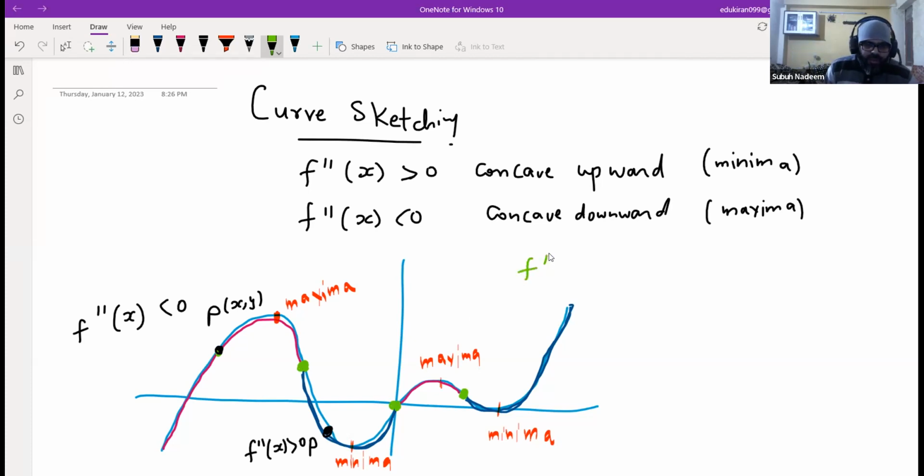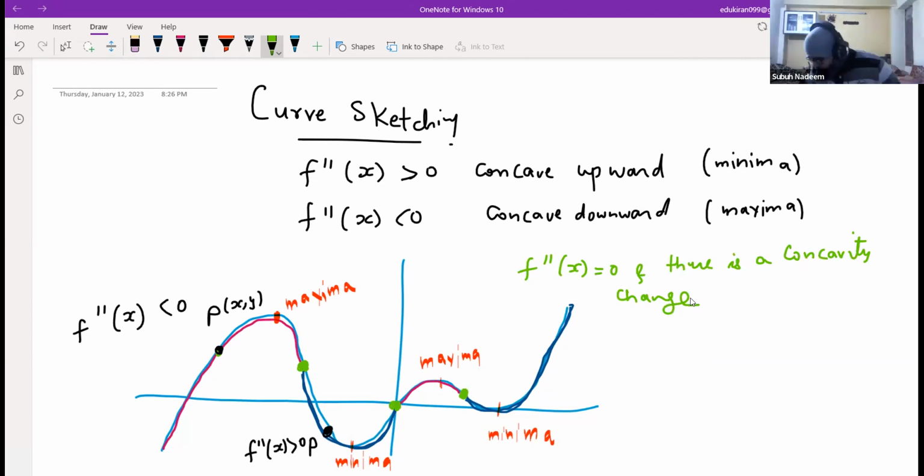So if the double derivative is equal to 0 and there is a concavity change, then in that case the point is called point of inflection.